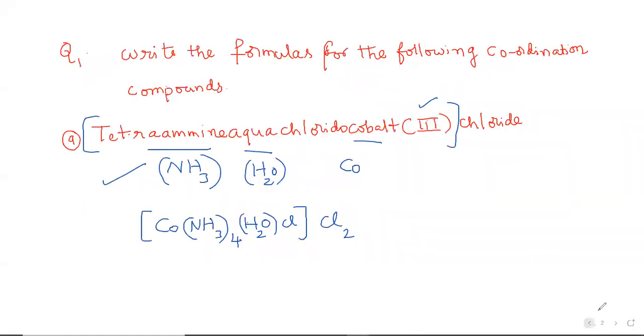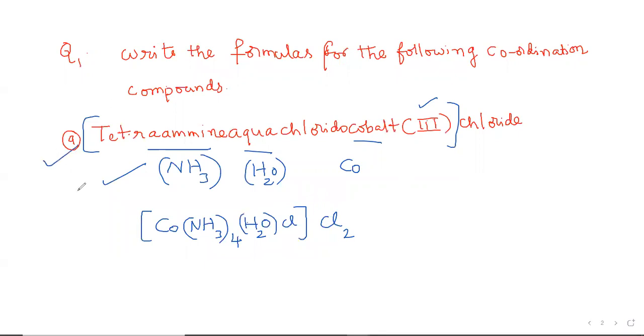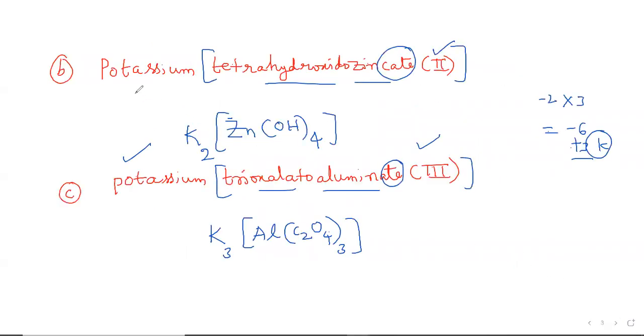So this is the way we observed the first question. A question, we have given the answer tetraamine aqua chlorido cobalt(III) chloride. B question, potassium tetrahydroxidozincate, that is K2[Zn(OH)4].